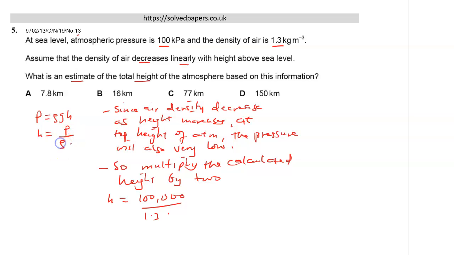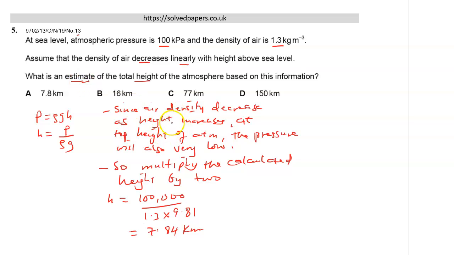This is density, g times 9.81. So the height will be 7.84 kilometers for this kind of pressure, because we are talking about the height. But this is an estimate. We are supposed to estimate.